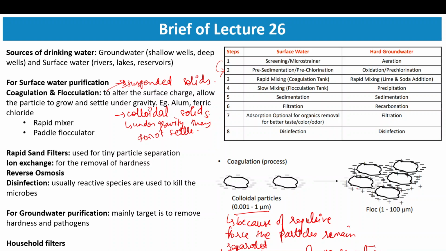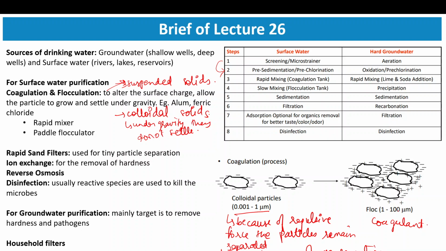For example, here we add a chemical that adds some positive charge to the particles, and similarly it causes the two particles to attract. This chemical which we add is known as a coagulant.